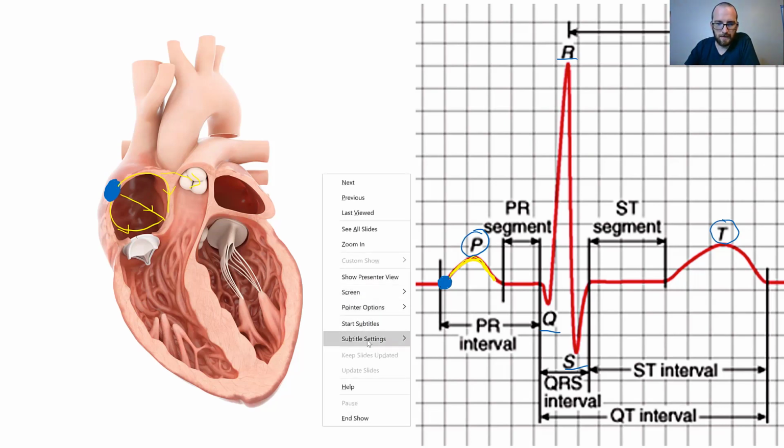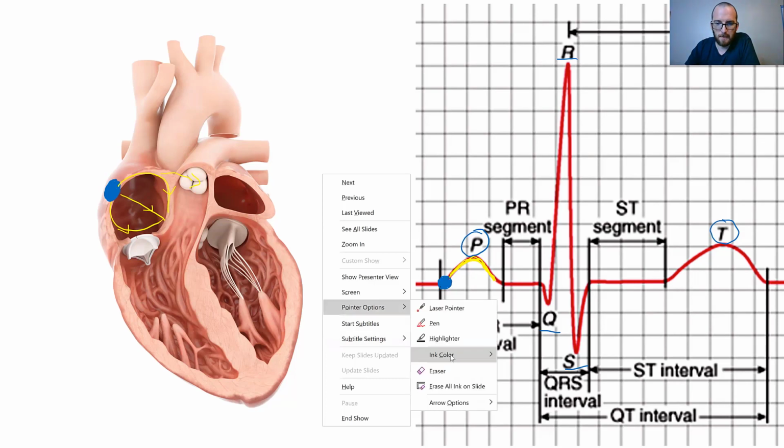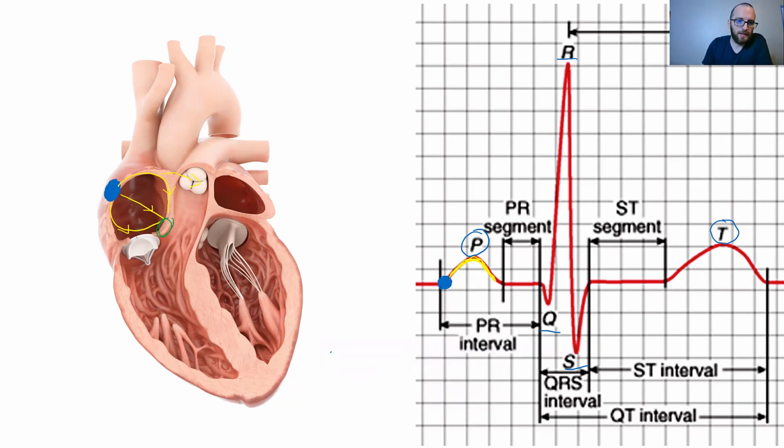Change colors again. Then we said that electricity gets held up in the AV node, and gets held there. And if electricity is not moving, we said the only way we get squiggly lines to show up is if that electricity is moving.